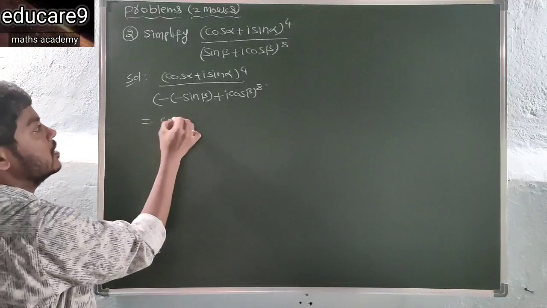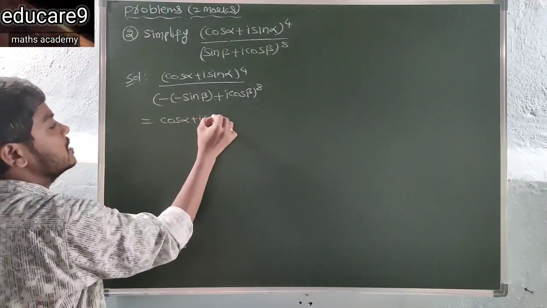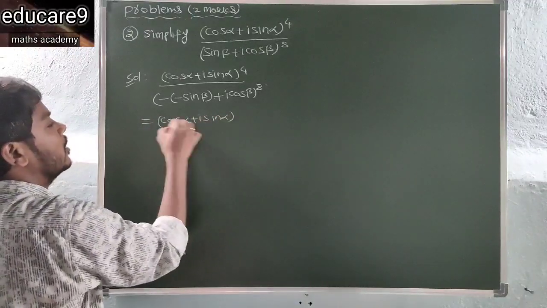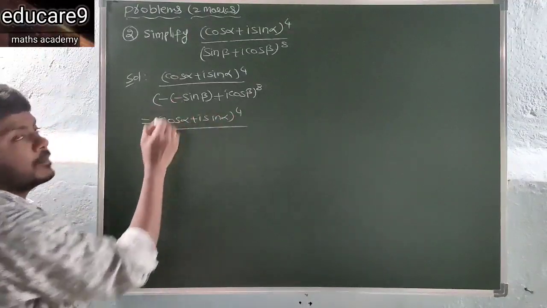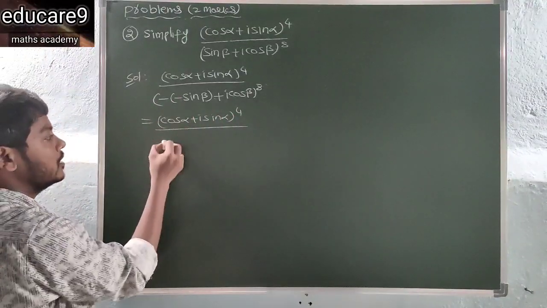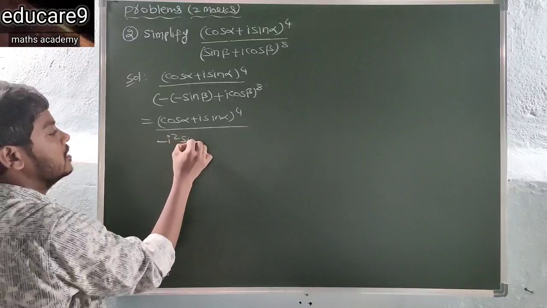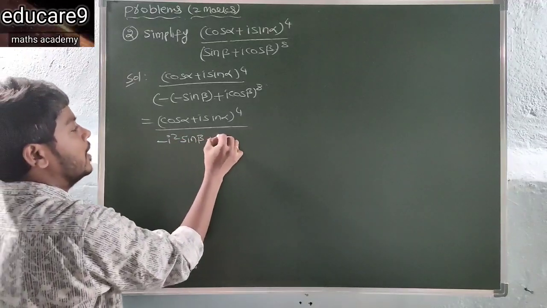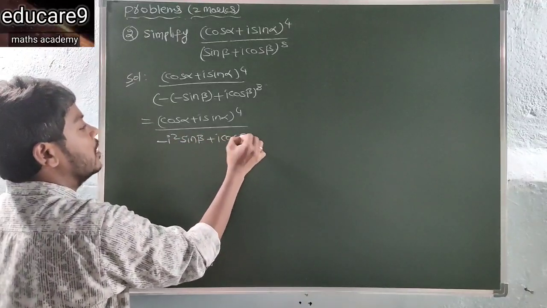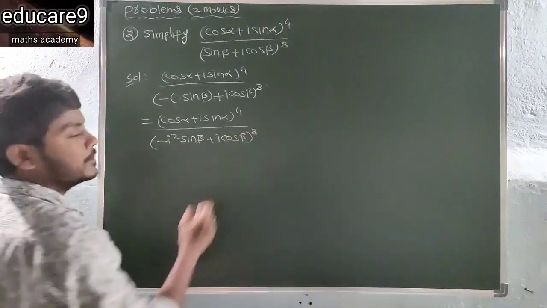Again this is (cos alpha plus i sin alpha) whole to the power of 4 and this minus write as i square, and minus i square sin beta plus i cos beta whole to the power of 8.